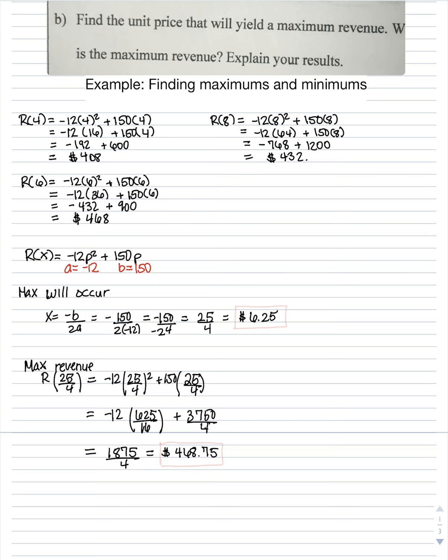So our maximum revenue is $468.75, and this occurs when we charge $6.25 per child.